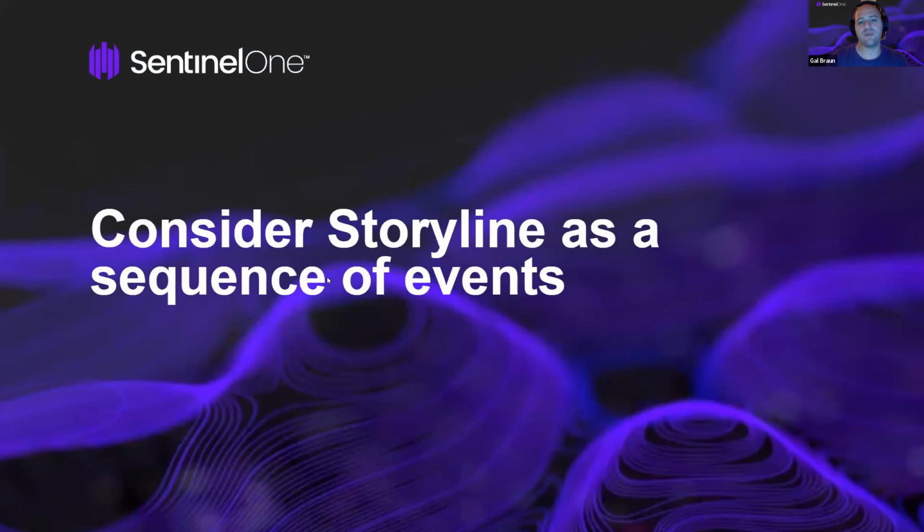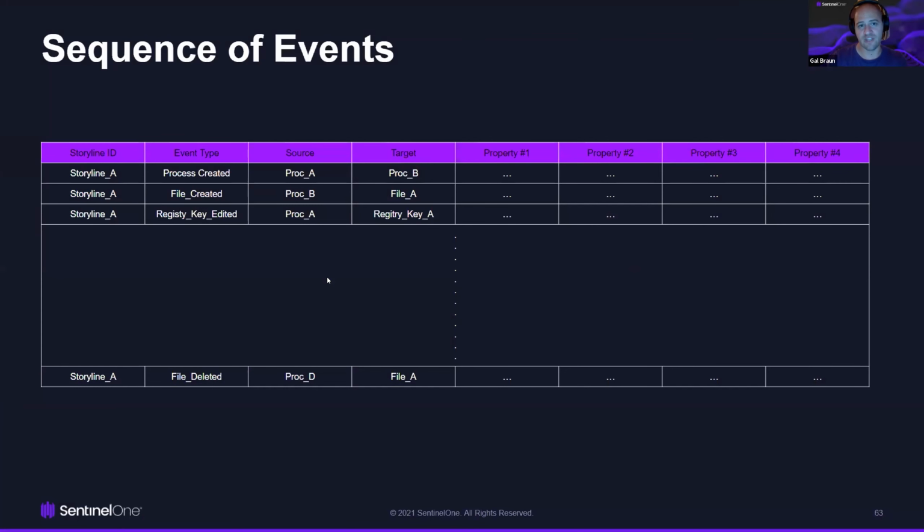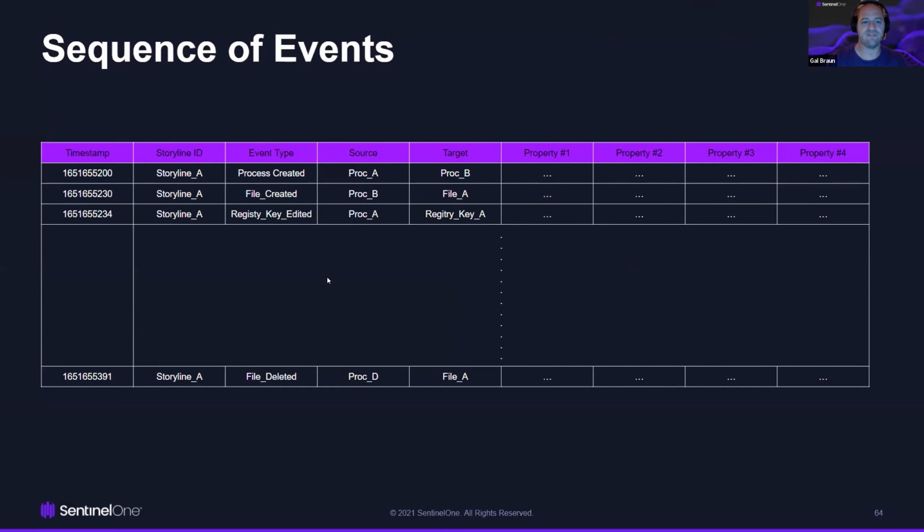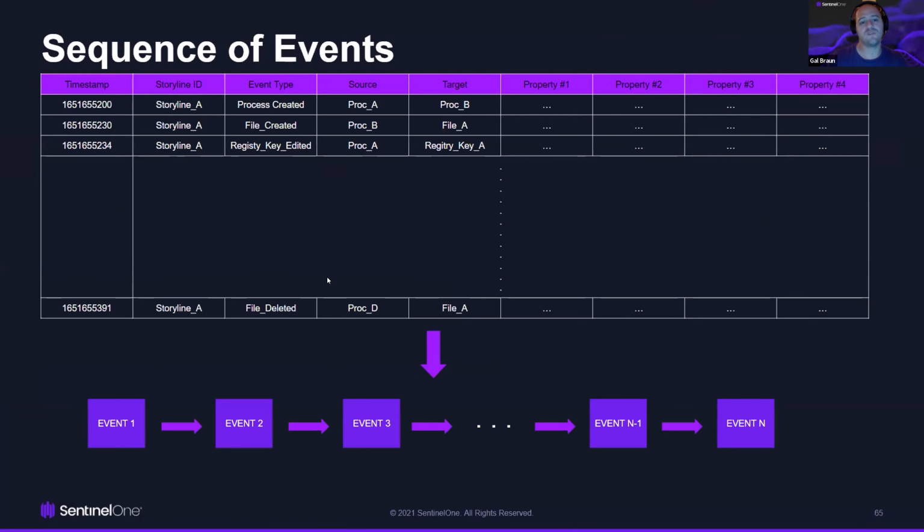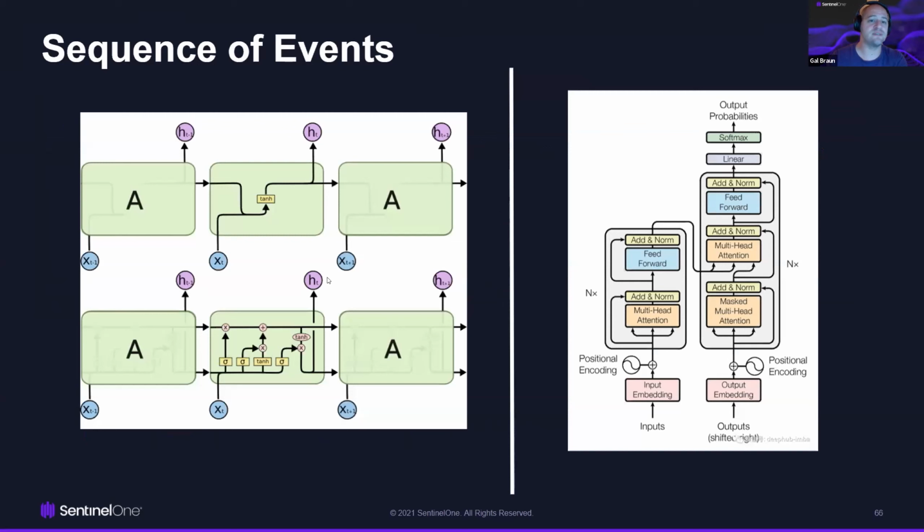The last method I want to mention before I wrap up is considering the storyline as a sequence of events. For each one of the events, we will also have a timestamp. So we can consider each one of those events as a token, and we need to understand how to tokenize it in a proper way, but we can try to use it to classify the storylines.